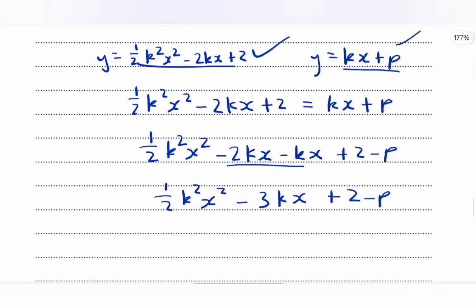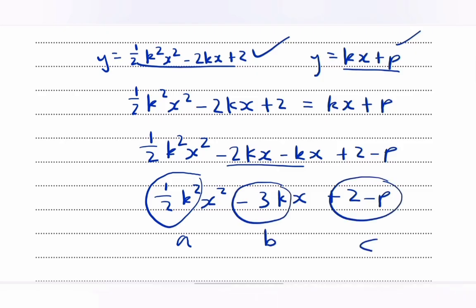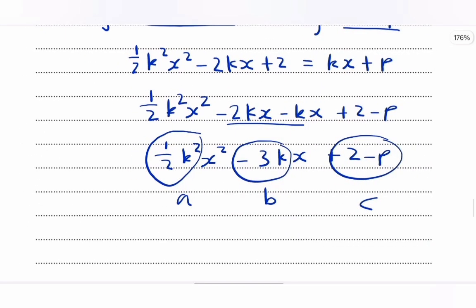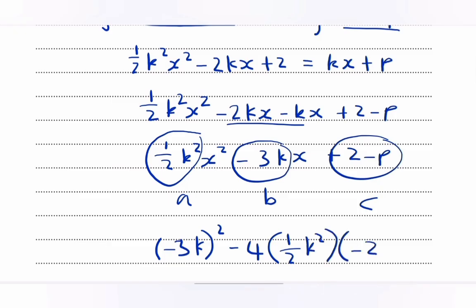So for this, this will be our a, this will be our b, and this will be our c. So when you say b squared, we're saying minus 3k squared minus 4, our a is half k squared, and our c is 2 minus p, like that.